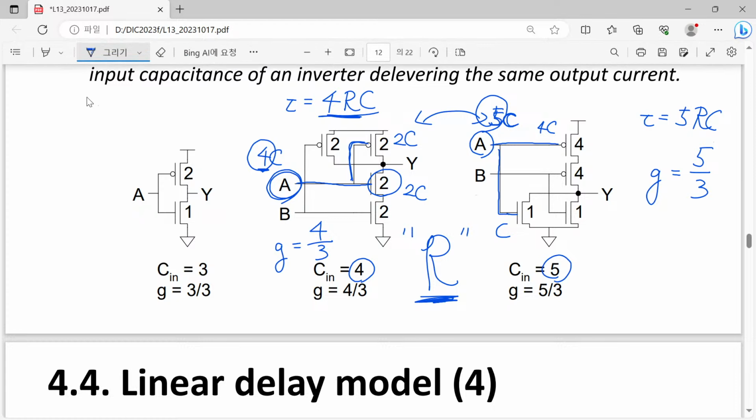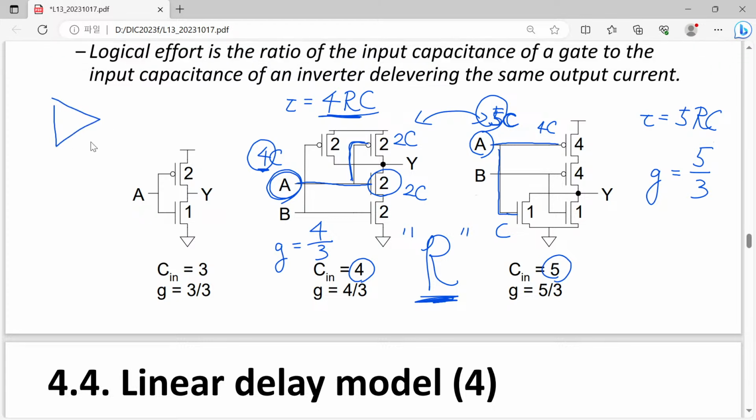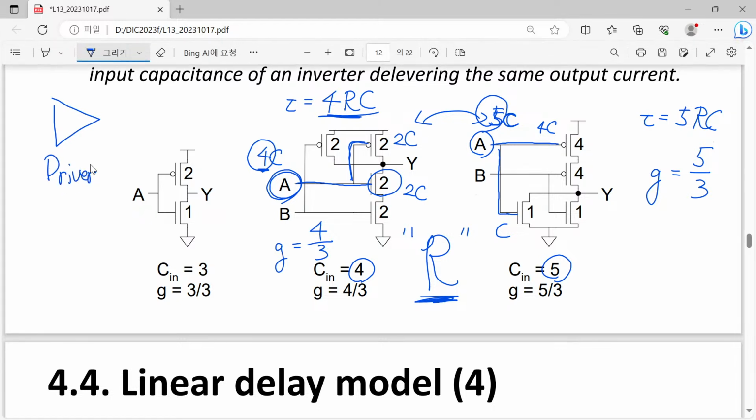Yes, you're right. Here, let me just repeat once again. Conceptually, here we have a certain logic gate called a driver, and logical effort means that here we have a load. A load is here, and this load, from the viewpoint of our driver, can be regarded as just a capacitor.